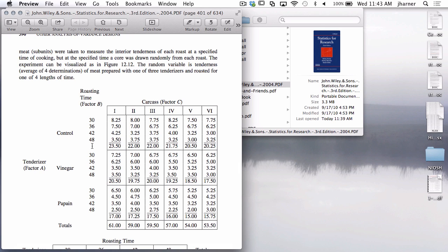I randomize the experimental units within each carcass. So that's like a block design. And then within each one of those, for each roast, I randomize the 4 cores in terms of which one is 30 minutes, which one is 36, which one is 42 and 48. So I'm doing 2 levels of randomization.